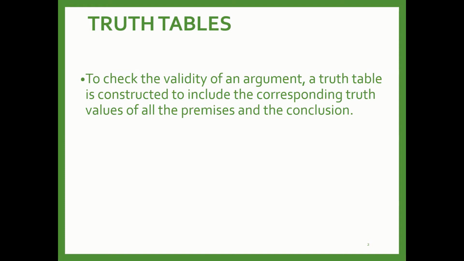In order to check the validity of an argument, you can construct a truth table that has corresponding truth values of all the premises and the conclusion. What we do is consider all possible scenarios, with each individual statement being true or false.